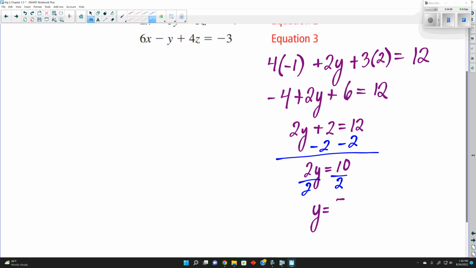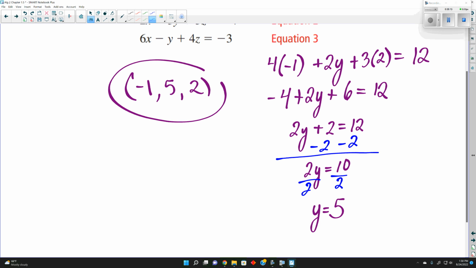So y is equal to 5, which gives us the solution point. So you can write this down to the bottom or over to the side of -1, 5, 2. And this right here is the solution, the ordered triplet of this here. And that's it.